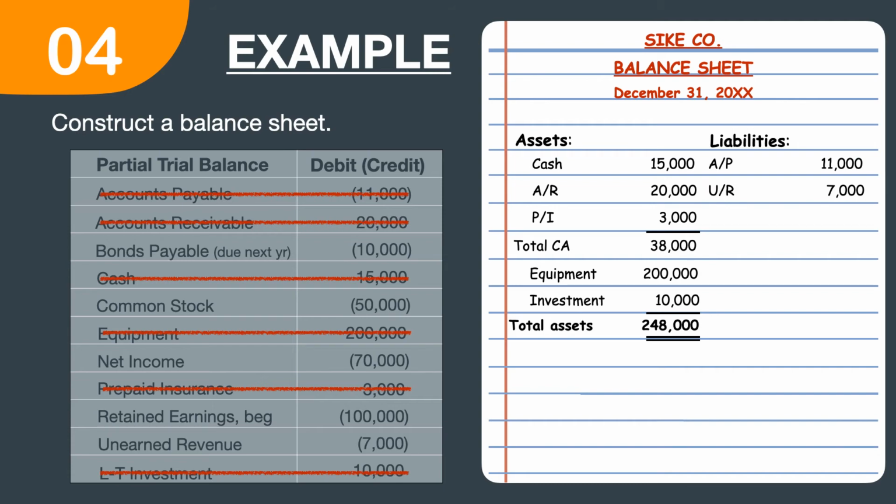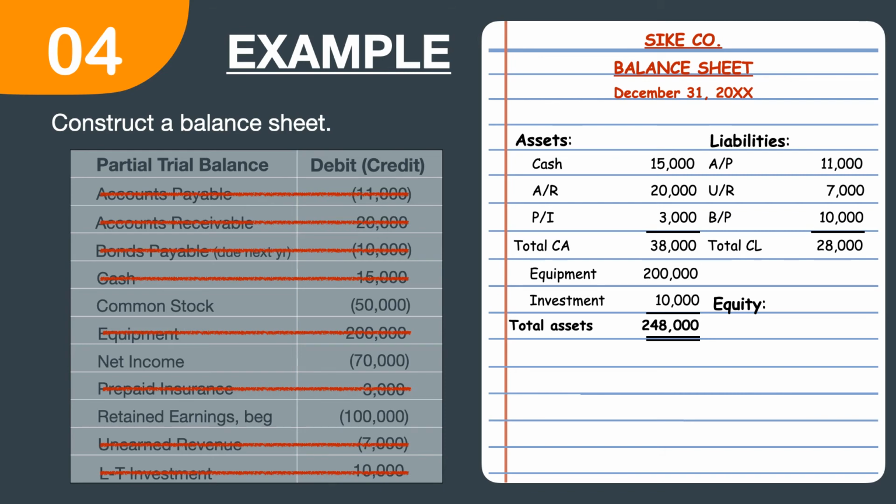We have unearned revenue for 7. Got that. We have bonds payable. Now note, it says due next year. That means that this bonds payable is a current liability because it is due within 1 year. That gives us our total current liabilities of $28,000.